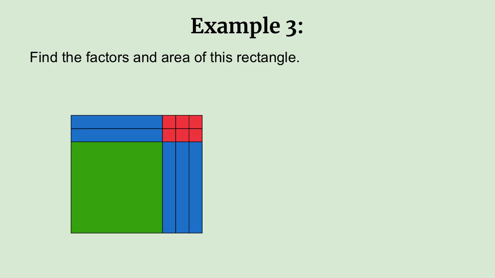Another way you can think about these is, the green is 10, the blue is a 1 and a 1. This is 10, a 1, a 1, a 1, 1, 10, 1, 1, 10. So really what this is, it's 10 plus 2 over here, and 10 plus 3 over here.